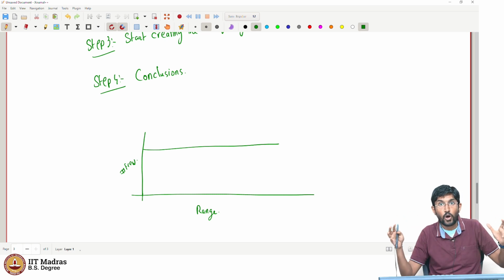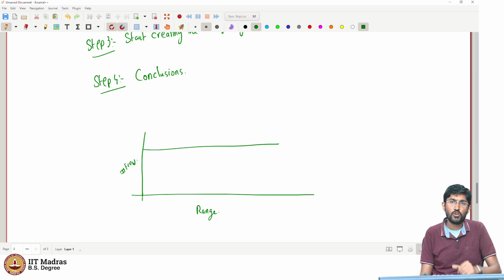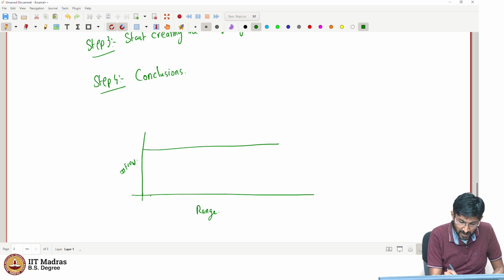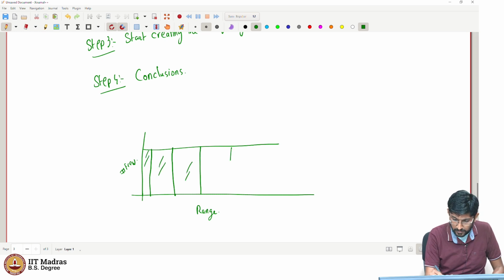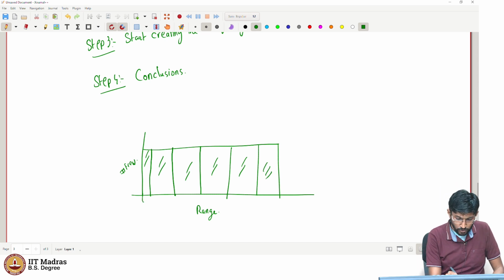So if I plot a histogram for a perfect uniform distribution, then every value or every bucket should have the same number of observations, right?